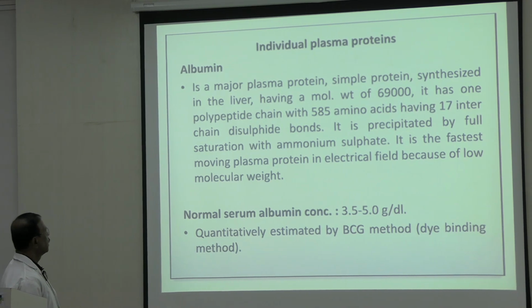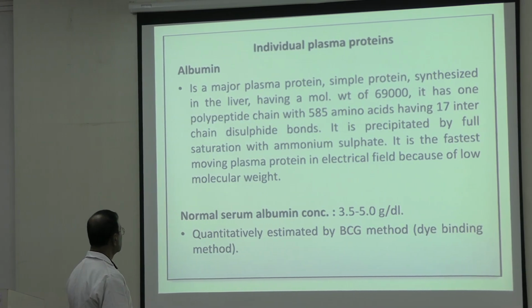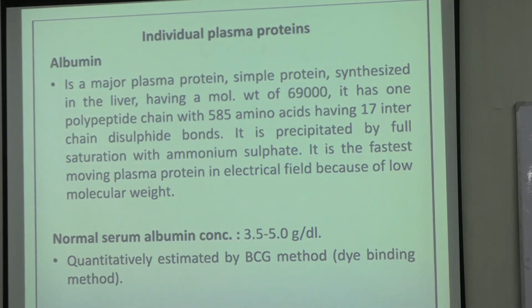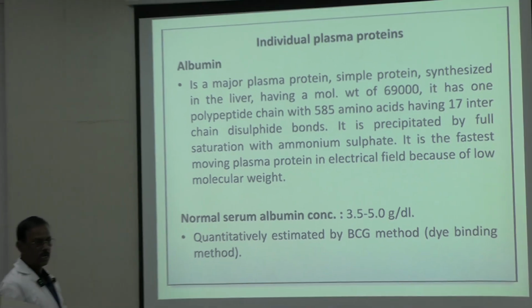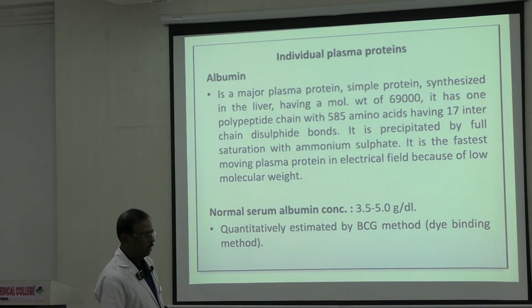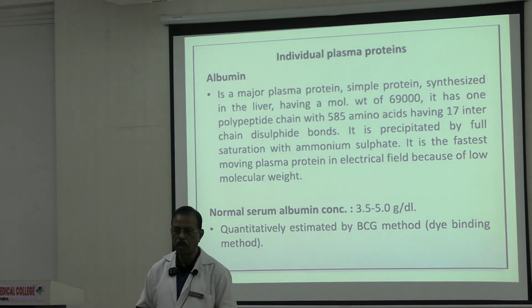It is precipitated by full saturation of ammonium sulfate. It is estimated by the BCG method, bromocresol green method. This is a dye. Using this dye, the concentration of albumin is measured. Have you done estimation of albumin in your biochemistry?